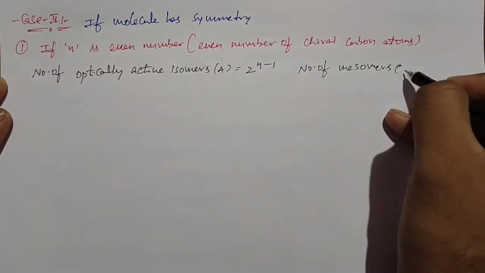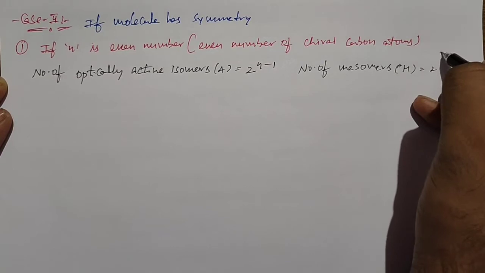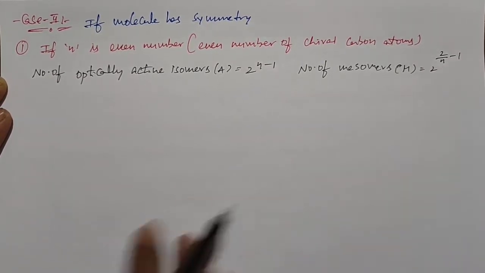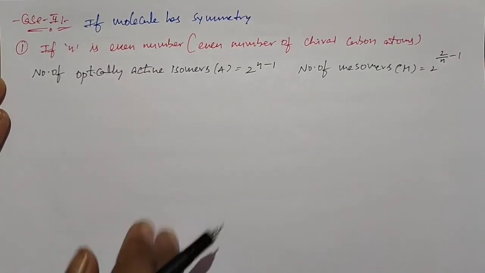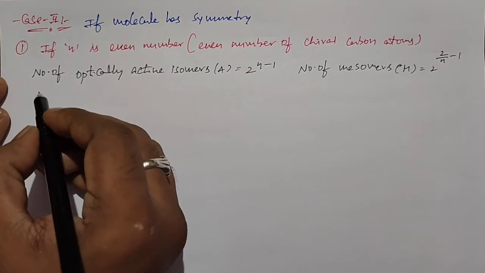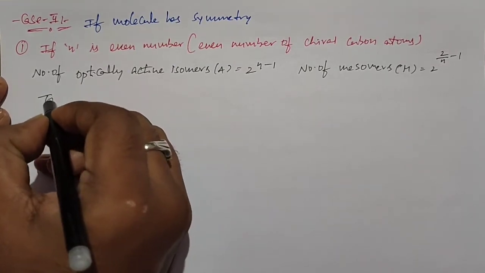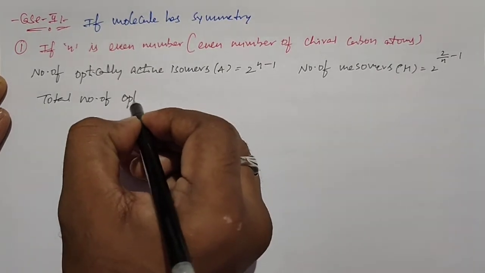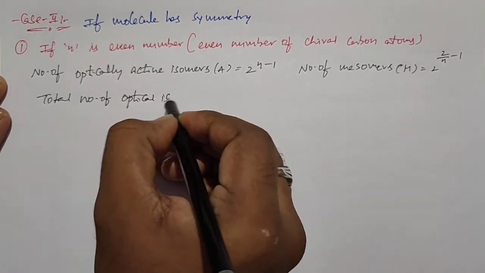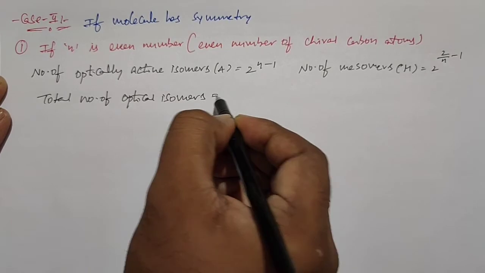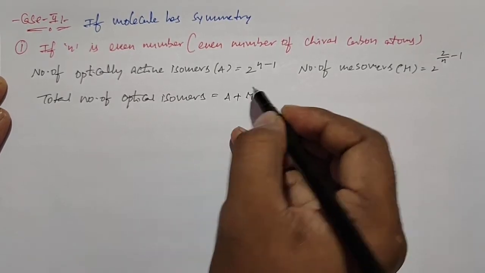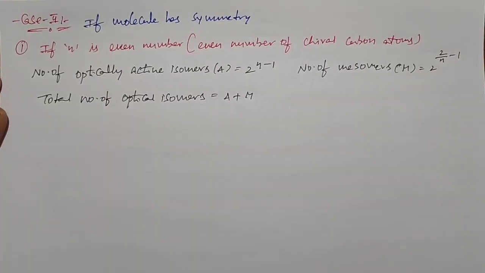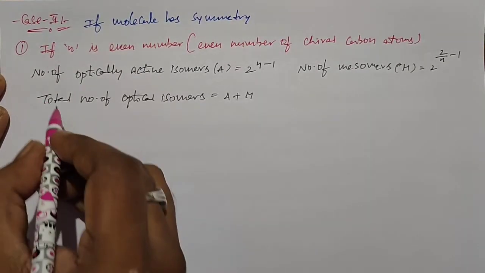Number of mesomers, capital M, is equal to 2 power (n by 2) minus 1. And total number of optical isomers is equal to A plus M. So this is the formula.